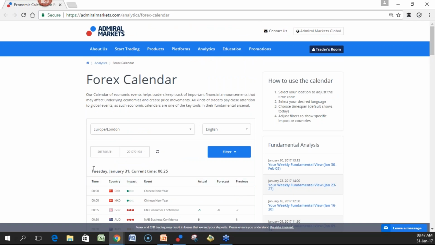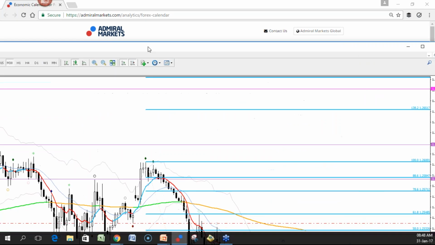Let's take a look at the charts right now. At this moment, unfortunately, the pound itself has already been moving to the downside, so that's something we cannot really do anything about. But I managed to take a breakout myself, so we can take a look at that together.